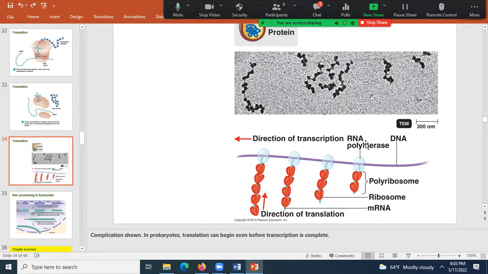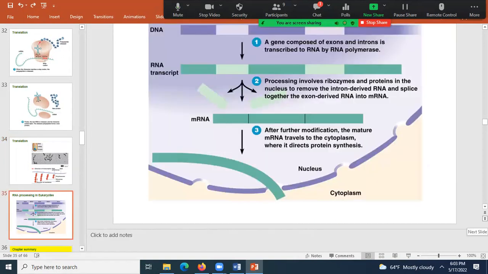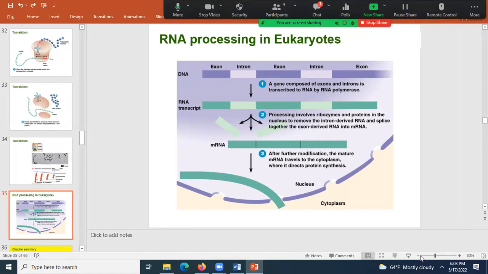Any question about any of that? All right. A final complication is only seen in eukaryotes. And in eukaryotes, when the messenger RNA is made, it cannot leave the nuclear membrane.